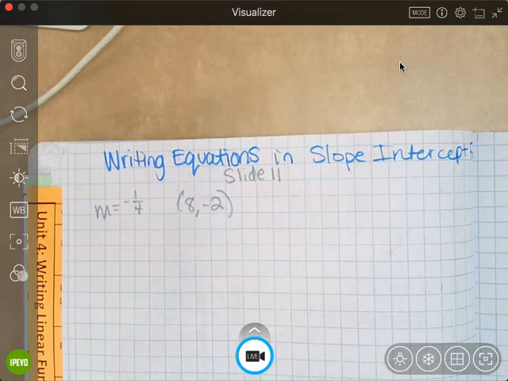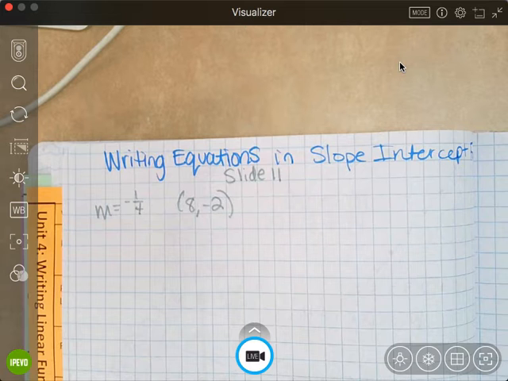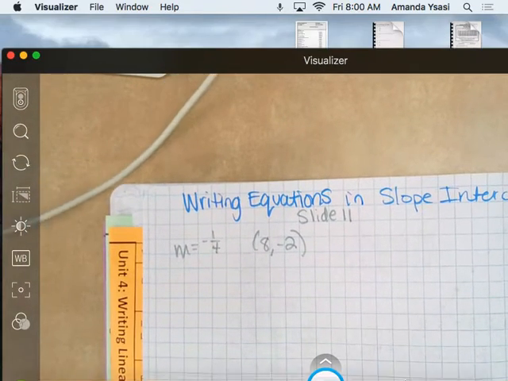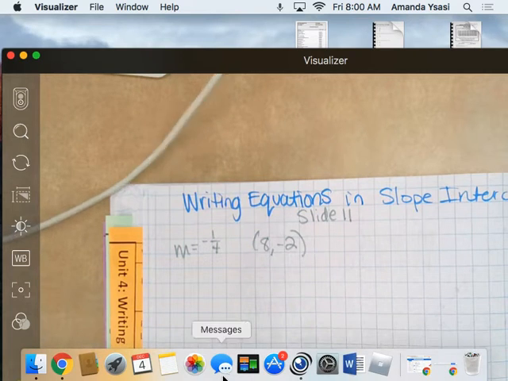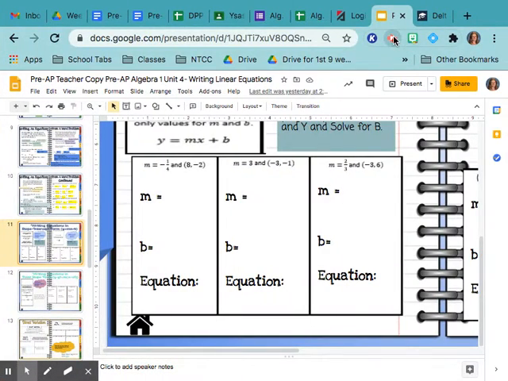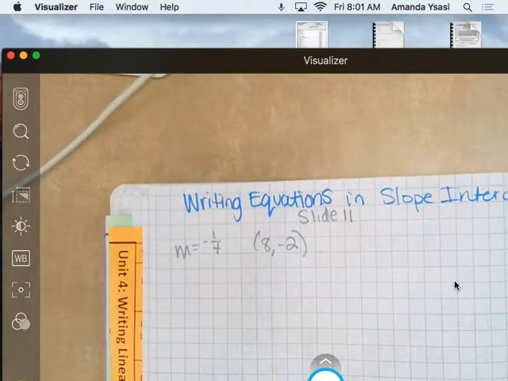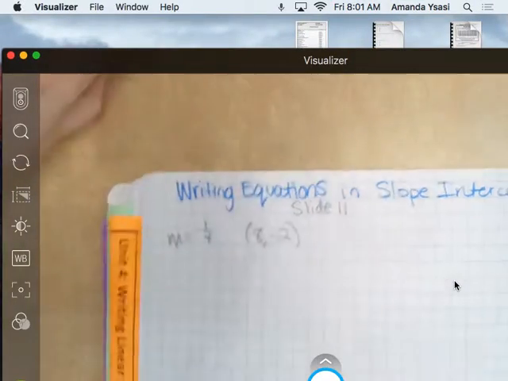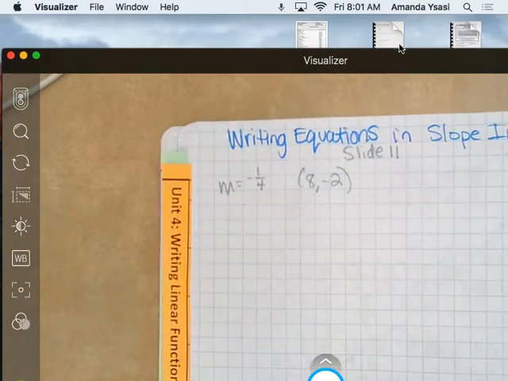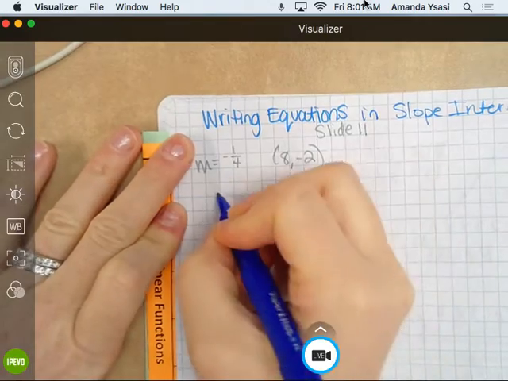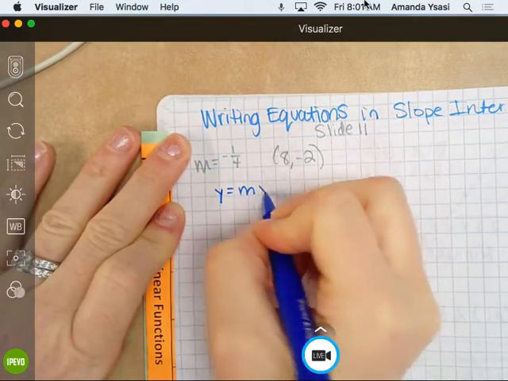Writing equations in slope-intercept form. All right, so we are writing in y equals mx plus b. So go ahead and write y equals mx plus b.